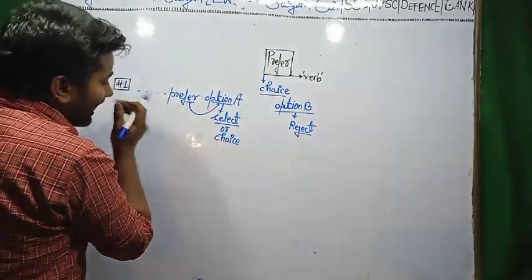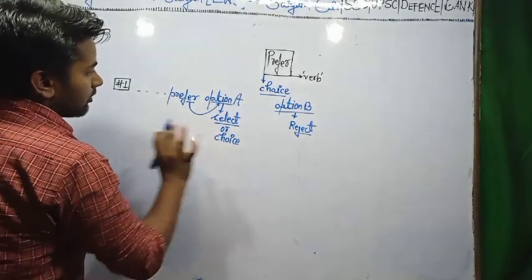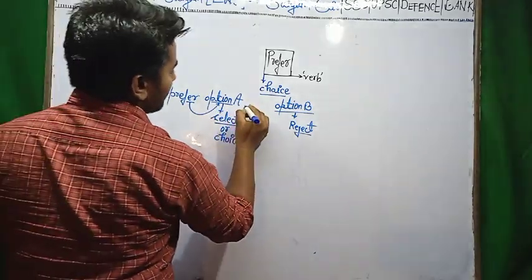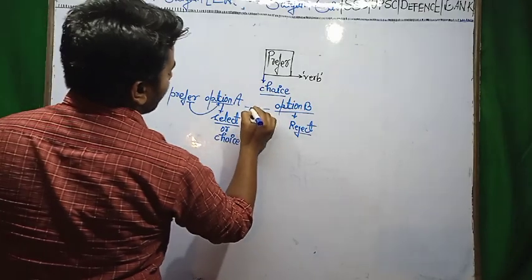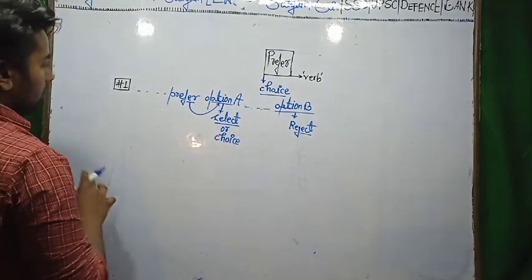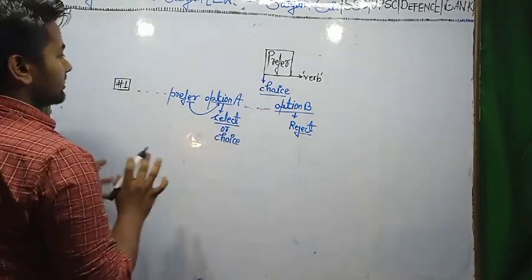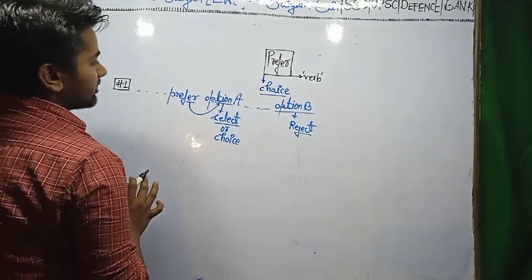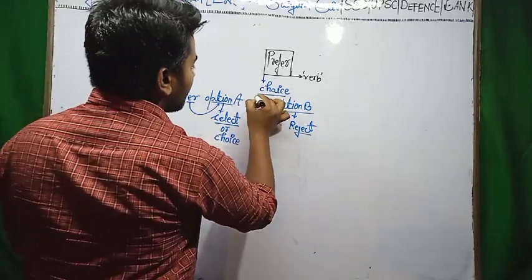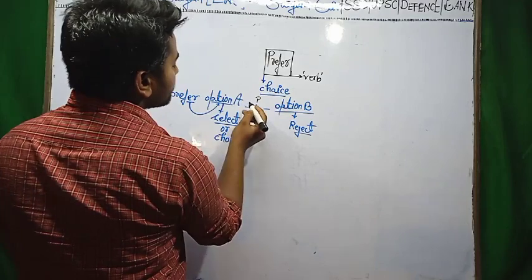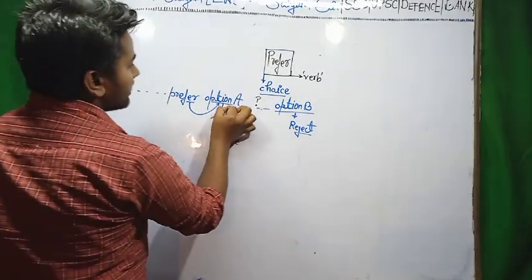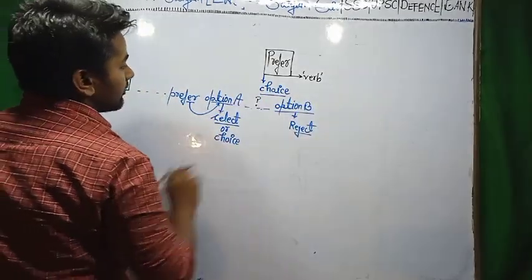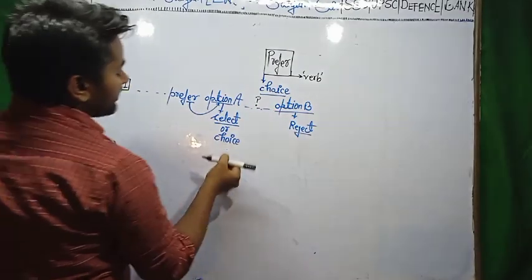This is the basic understanding you have to keep in your mind. This is the first concept. And here we use some words to connect option A and option B. This question we will learn in the next concept.